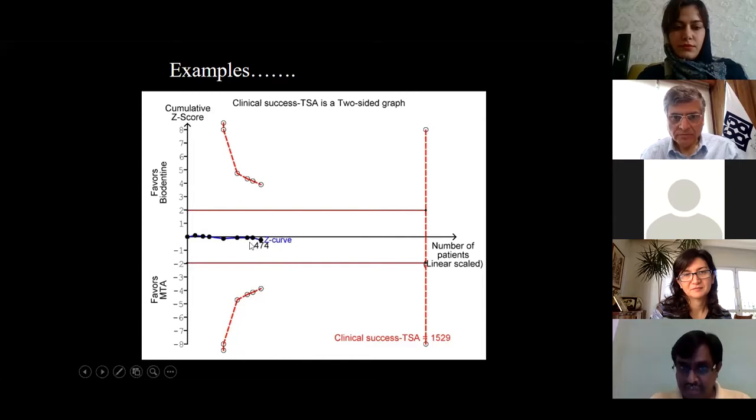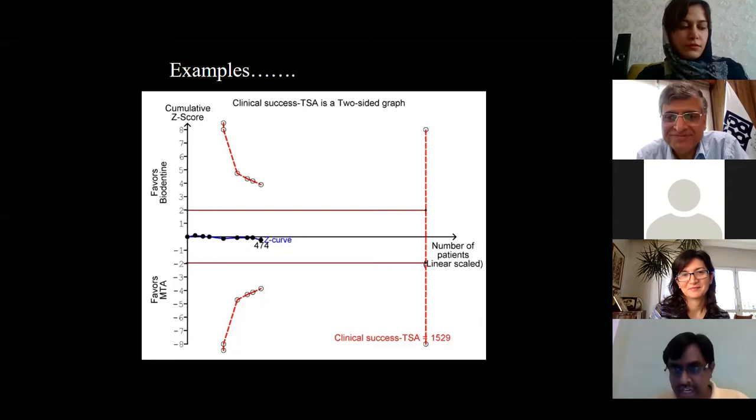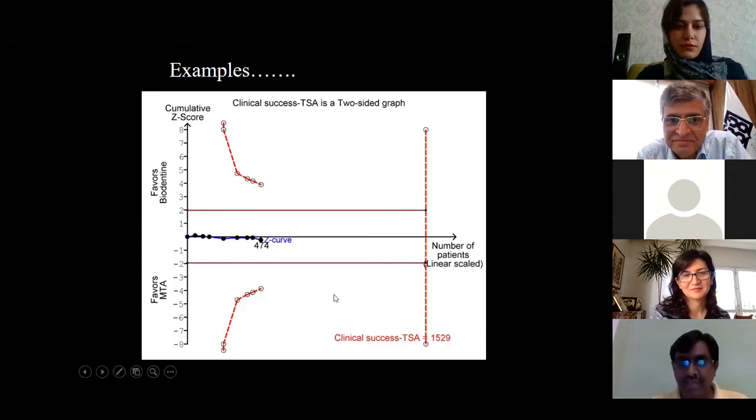Yes. Based on this meta-analysis and trial sequential analysis, I need 1529 samples to confirm my results. Wow. You got it? This is the take-home message from trial sequential analysis. Now you understood, right?